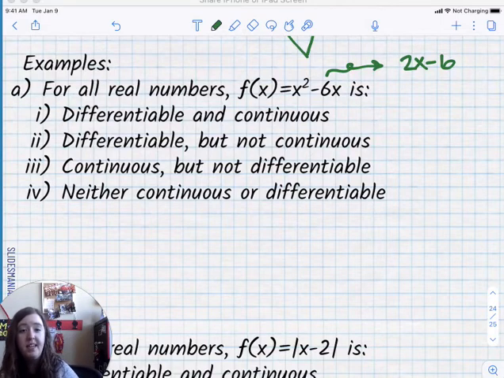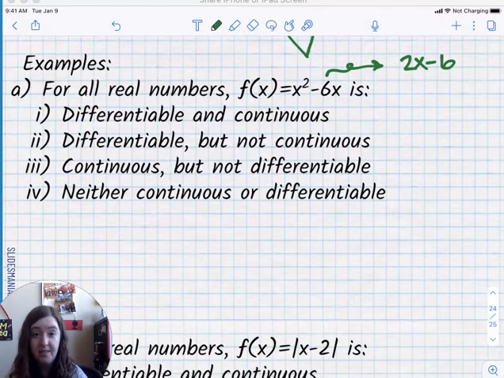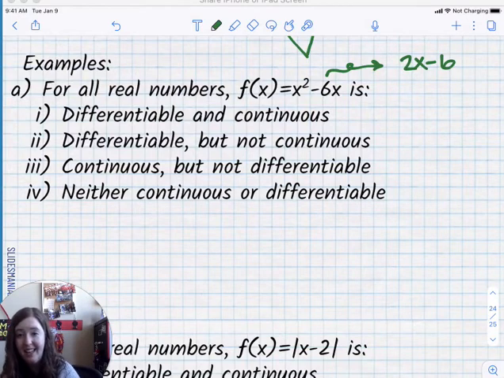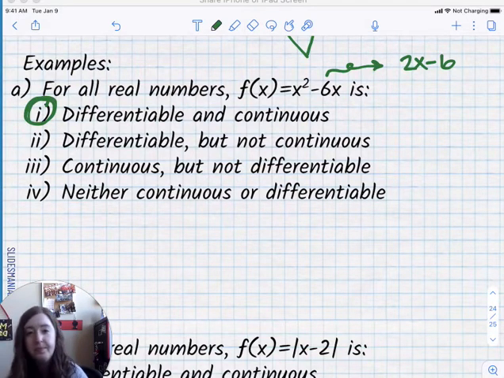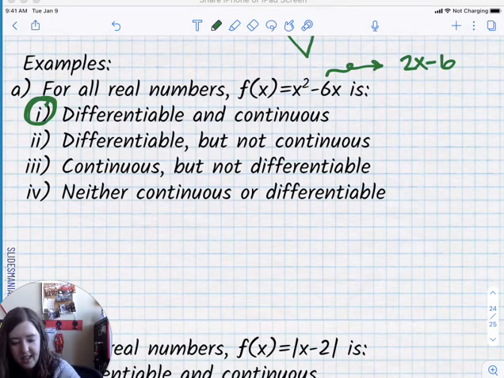X squared minus 6x is continuous. Its derivative is continuous. So this guy is going to be differentiable and continuous. You can also take a look at the graph, and you'll see that this guy is just a parabola.